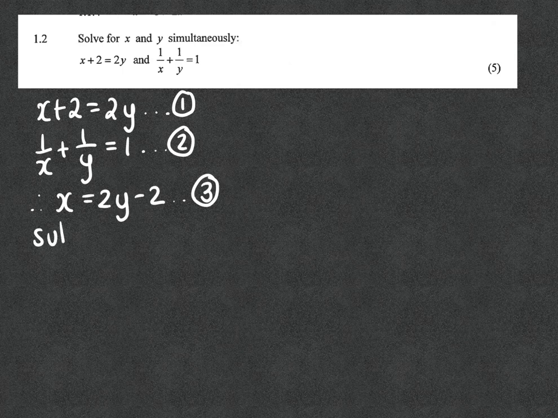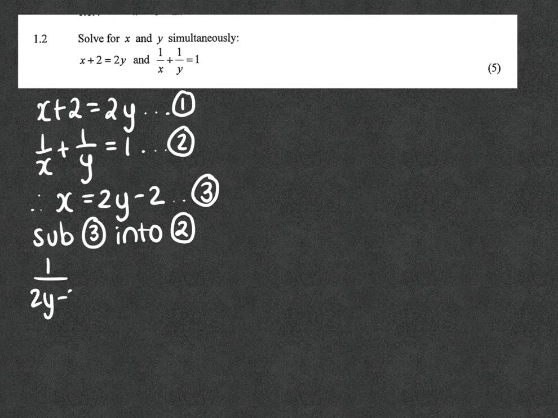We now sub equation 3 into the equation we didn't use to make equation 3, which is equation 2. So let's sub it in. We're going to have 1/(2y - 2) + 1/y = 1. When adding and subtracting fractions, everybody, what do we do? We establish an LCD.